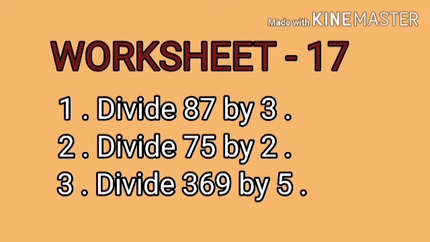First one is divide 87 by 3. The second question is divide 75 by 2. The third question is divide 369 by 5.